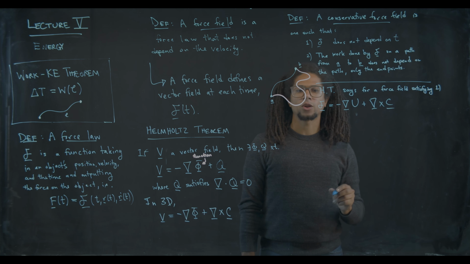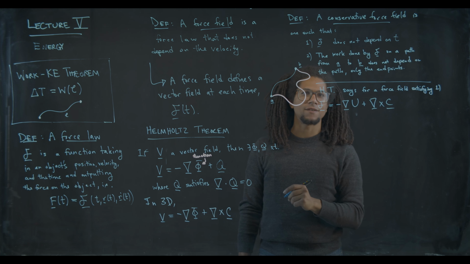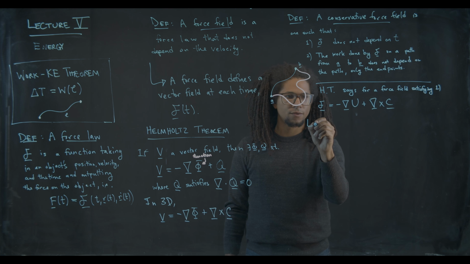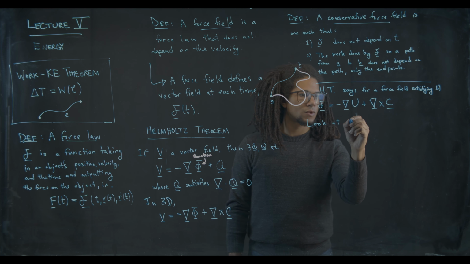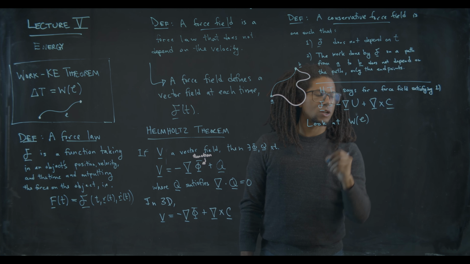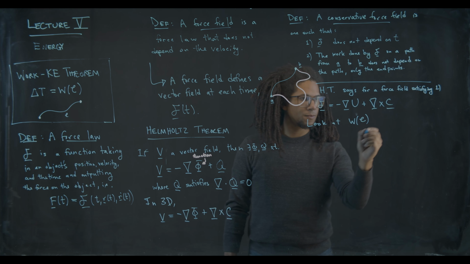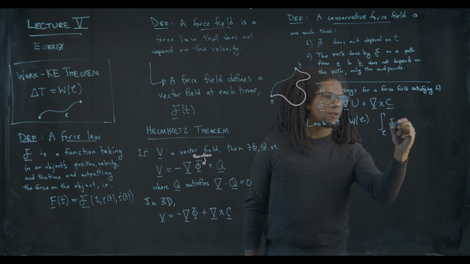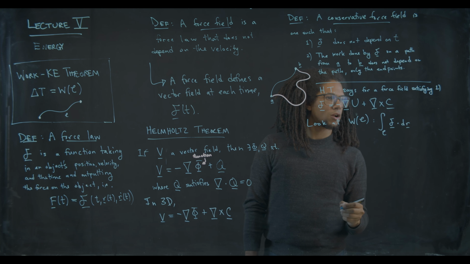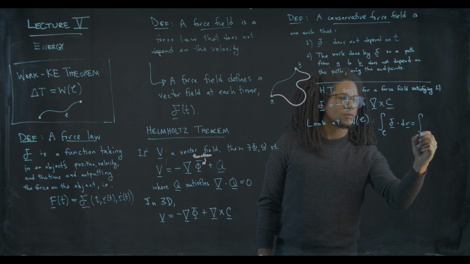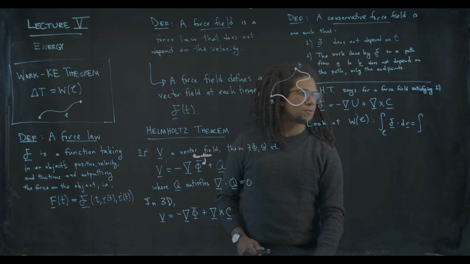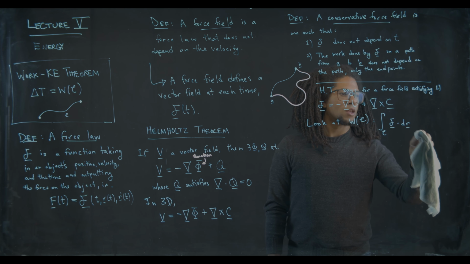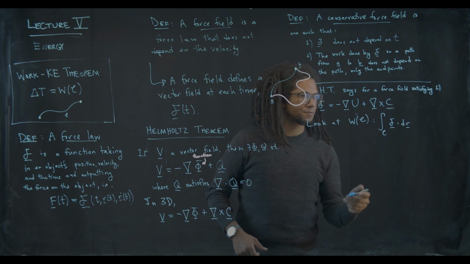Now I'm going to look at the work done by F along some path. Okay, so I want to look at work done along a path curly C, which again is going to be F dot dr. Let me go to another line. I'm going to use my Helmholtz theorem here.